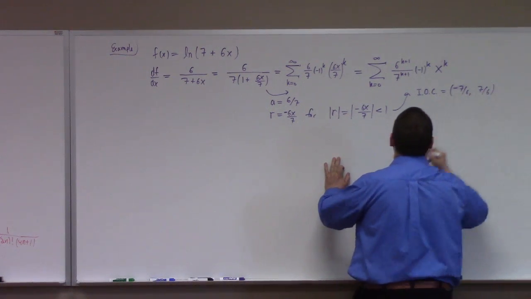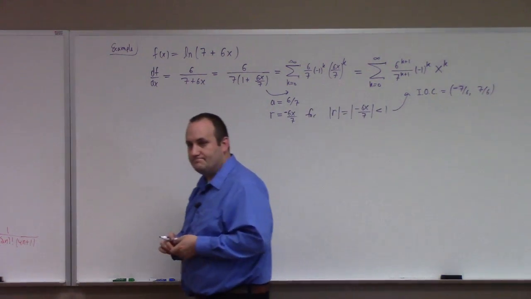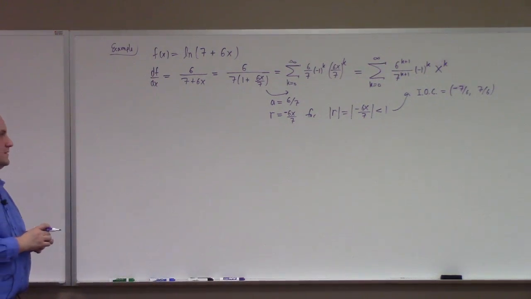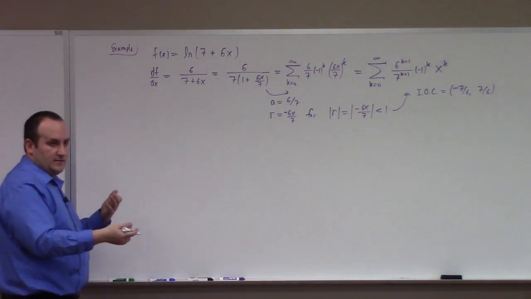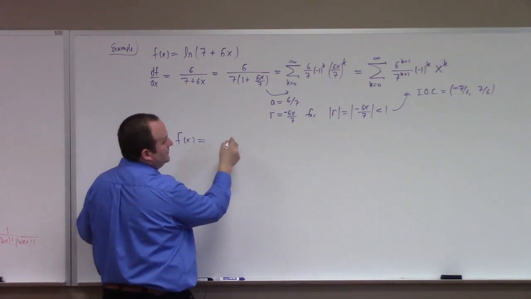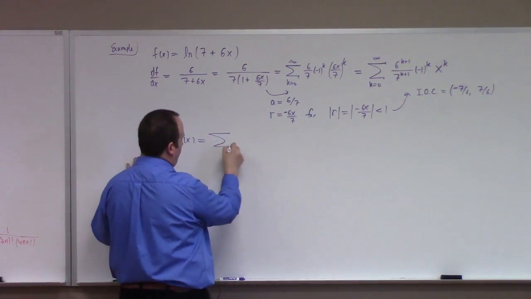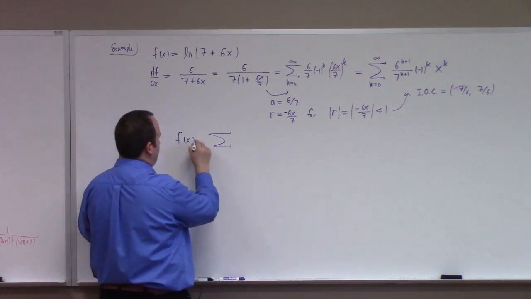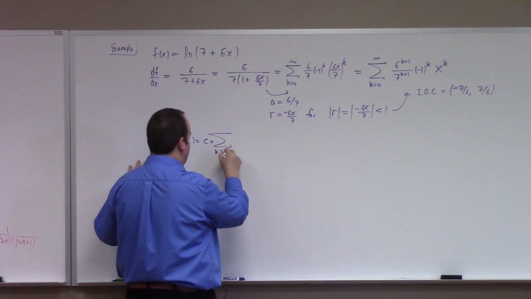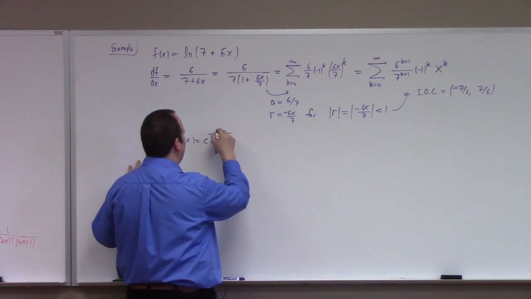The endpoints are not included because this is geometric, right? Then what? Integrate. What do we get? F of x is equal to, well, a constant, right? But you kind of already know that's going to be 0 for this example.